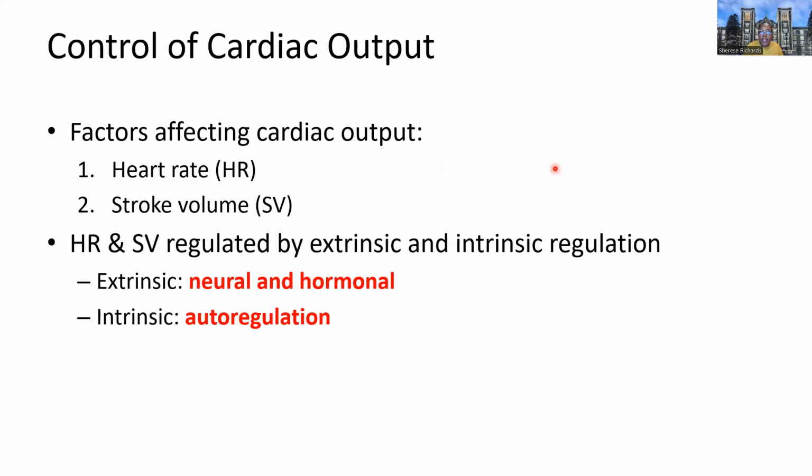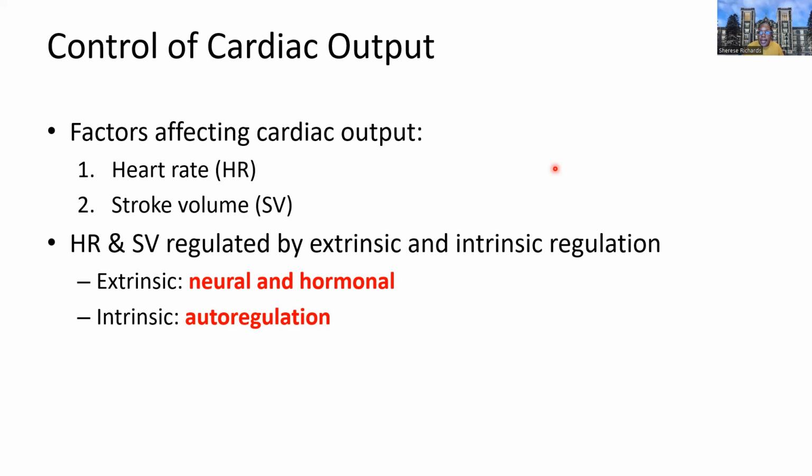If you think about the factors that control the cardiac output, heart rate is one and stroke volume is the other. Now, if you look at those factors individually and think about things that control each of those variables, we can think about extrinsic factors like neurons and hormones, right? Neurotransmitters that will bind to receptors on these cells, or we could think about things that are intrinsic to the heart, like autoregulation.